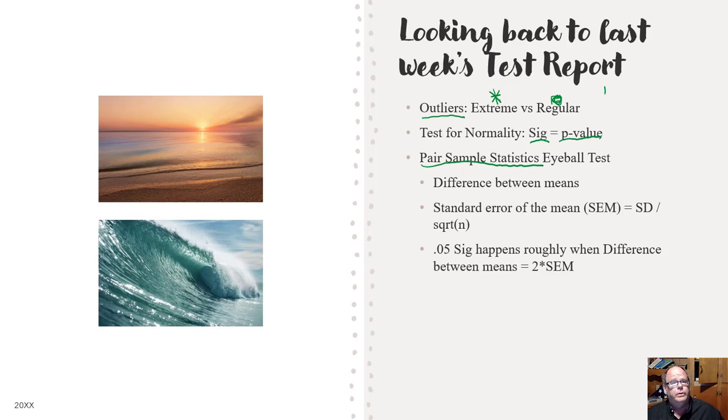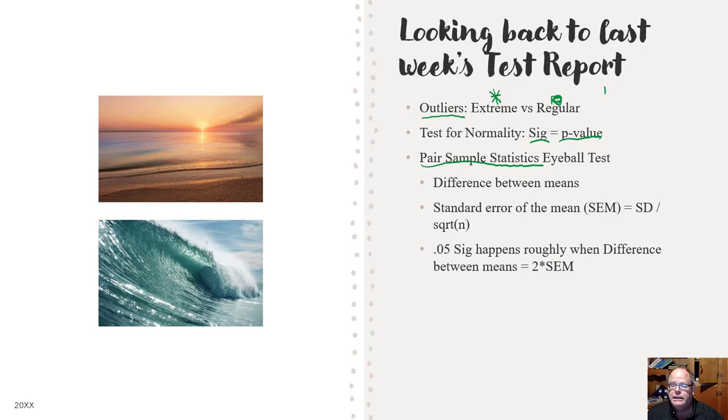All right. So when you're looking at this kind of information at the beginning of a t-test, what's going to happen is this: a significance or a p-value of 0.05 happens roughly when the difference between two means is 2 times the SEM.